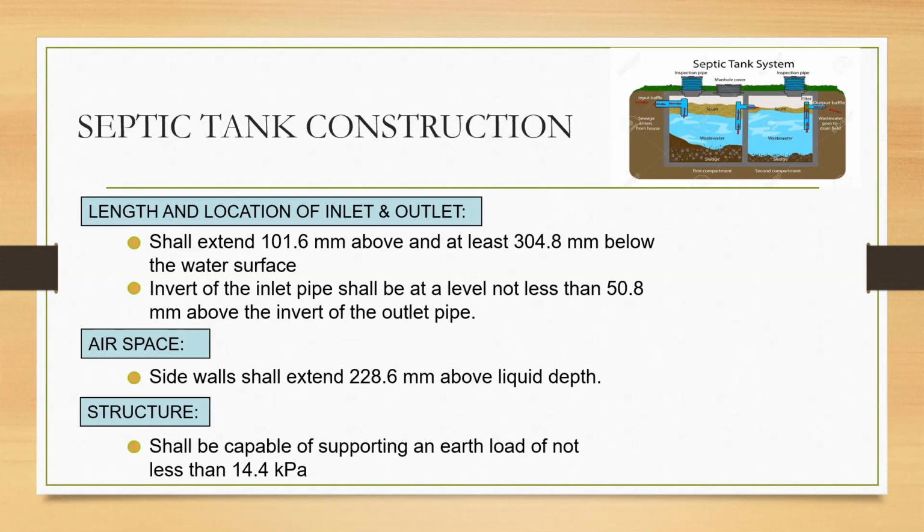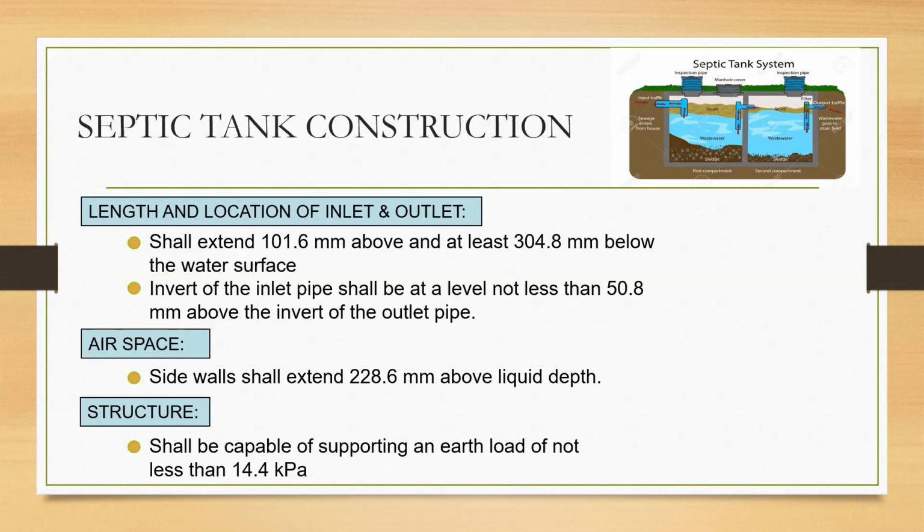Length and location of inlet and outlet shall extend 101.6 mm above and at least 304.8 mm below the water surface. So ang fitting po natin na ginagamit dito ay T fitting. So letter T yung kanyang itsura.